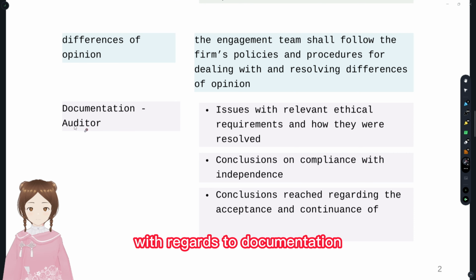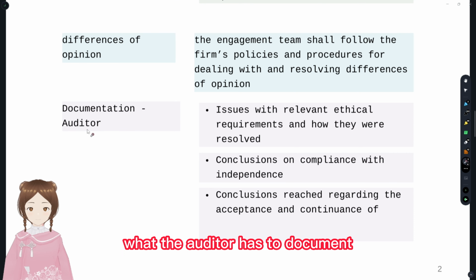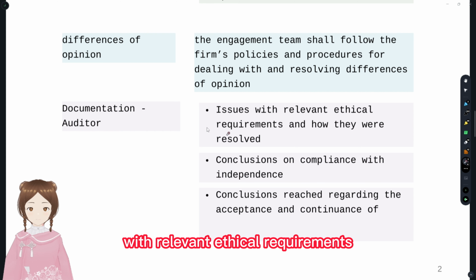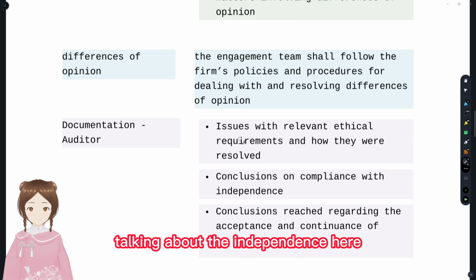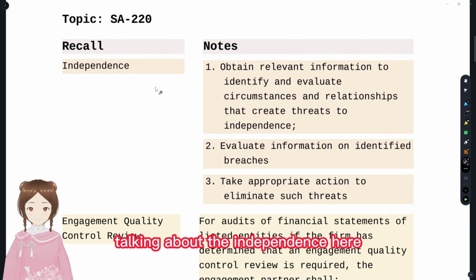With regard to documentation, what the auditor has to document: the issues with relevant ethical requirements and how they were resolved. What are they talking about? They're talking about independence here. Independence is an ethical requirement.